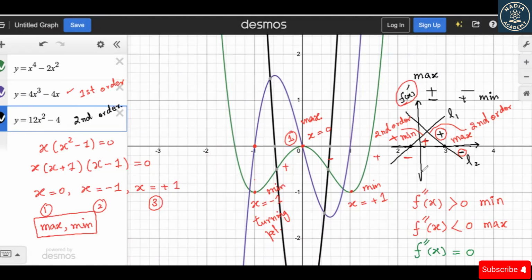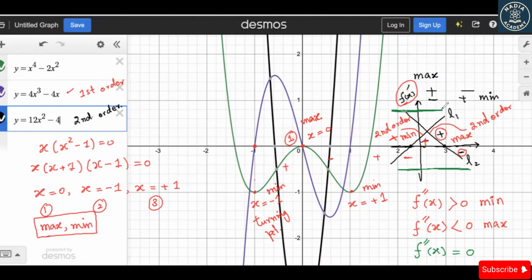So, for example, if I have the first order derivative as a straight line over here, or a straight line over here, and these green lines are again the lines of the first order derivative of a function, you can see that this line is not changing its sign.